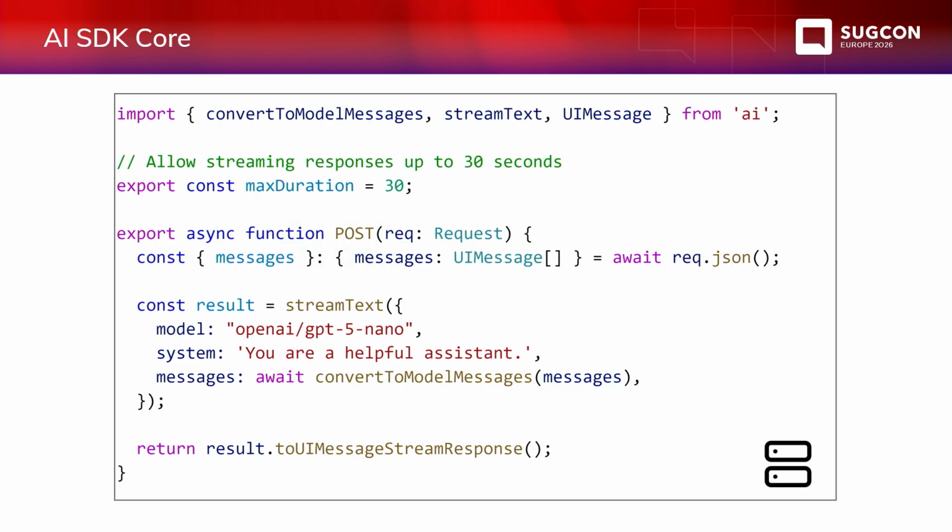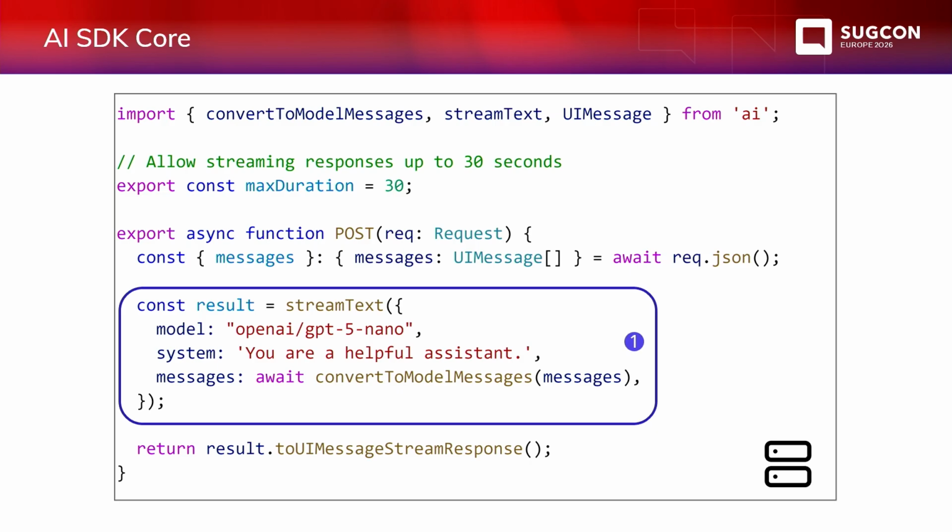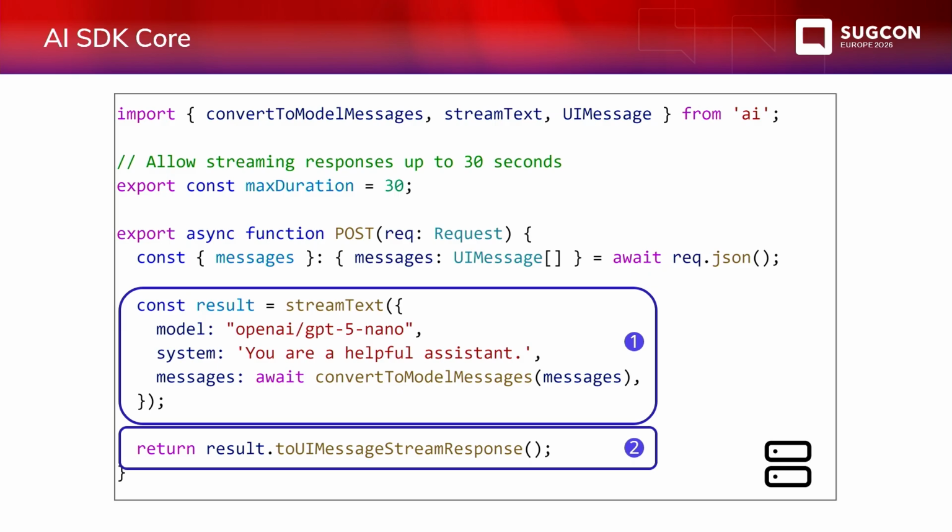So this is AI SDK Core, server side. You use it in the route. The key part is the streamText function, where you define the model, you specify the prompt, and you get the result and just return it to the client.